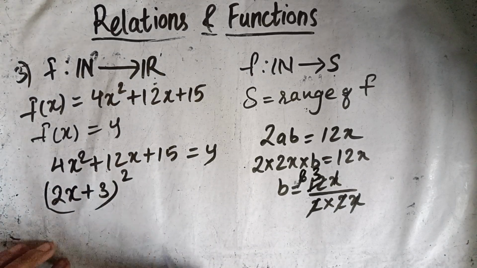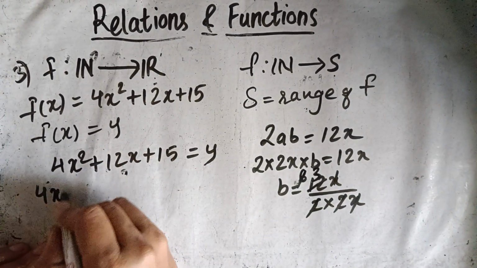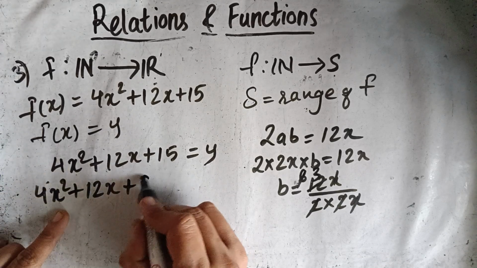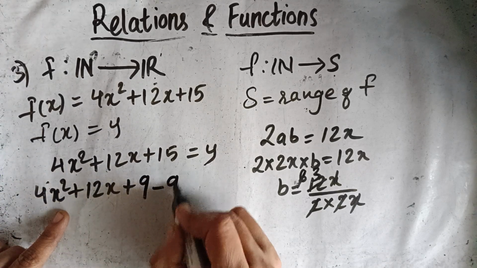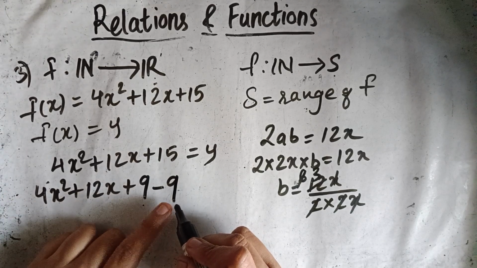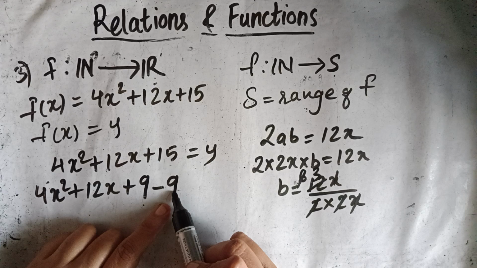I'll write again. Splitting, you have to do 4x square plus 12x, then 3 square you have to write, which is 9, and you have to just add and subtract. This becomes your extra number, so you should get 15 here.